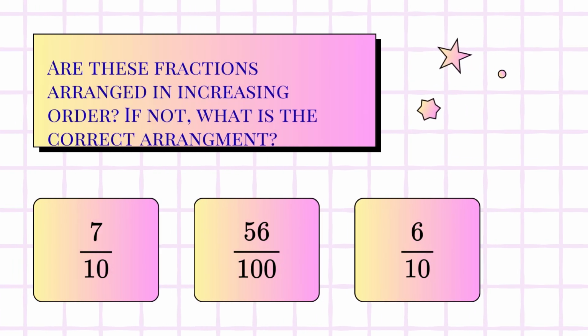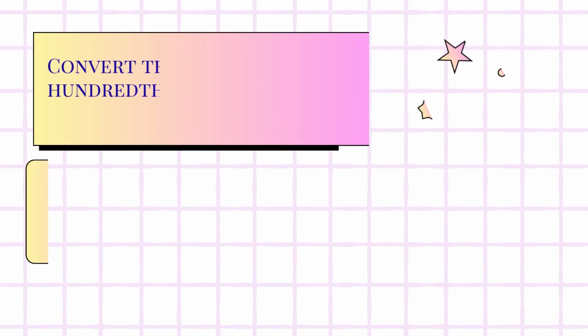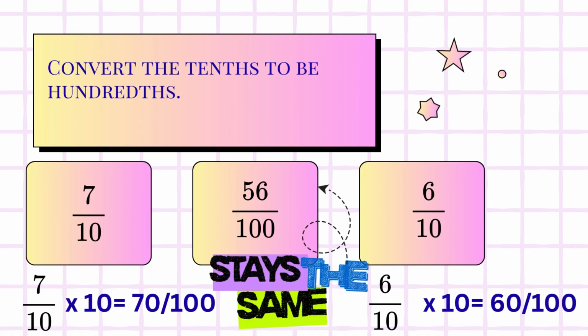Let's try one more example to check your understanding. Are these fractions arranged in increasing order? 7 over 10, 56 over 100, and 6 over 10. To answer this, convert them all to the same denominator. If you change everything to hundredths, you get 70 over 100, 56 over 100, and 60 over 100.